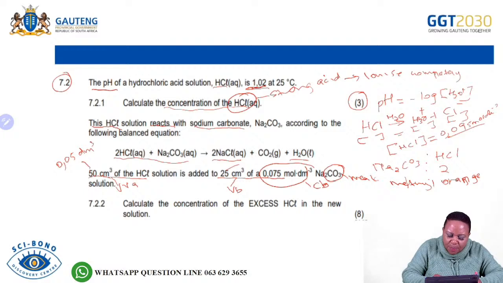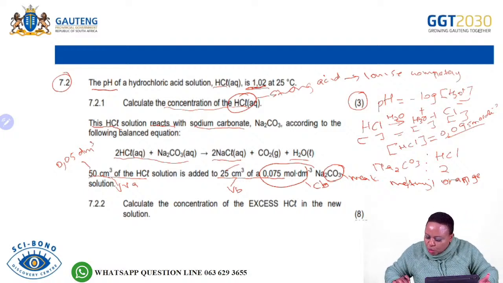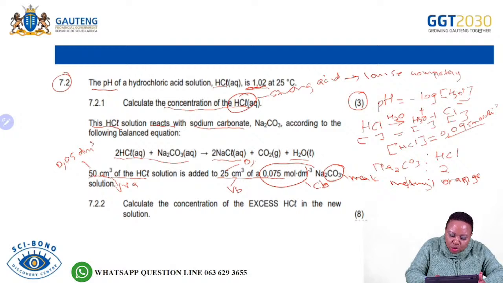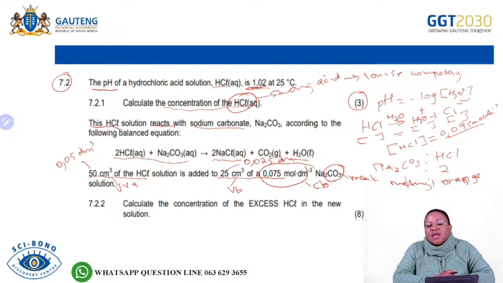And then here we are provided with 25, so it's 25 divided by 1,000, which is going to be 0,025. So it is very important that you start by converting these volumes as you start with your question, because you don't want to forget and work with the incorrect units.